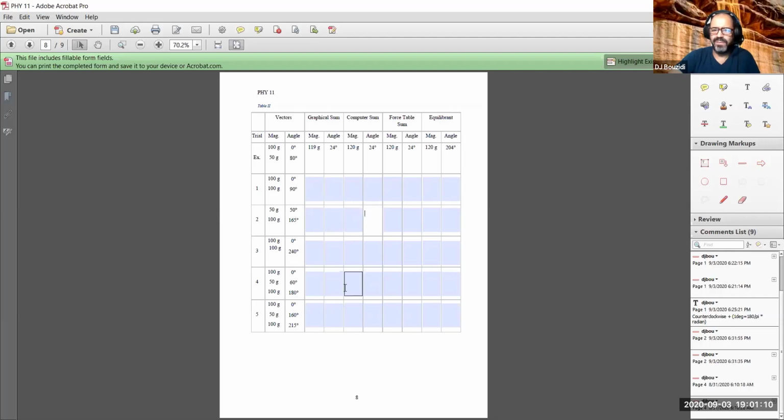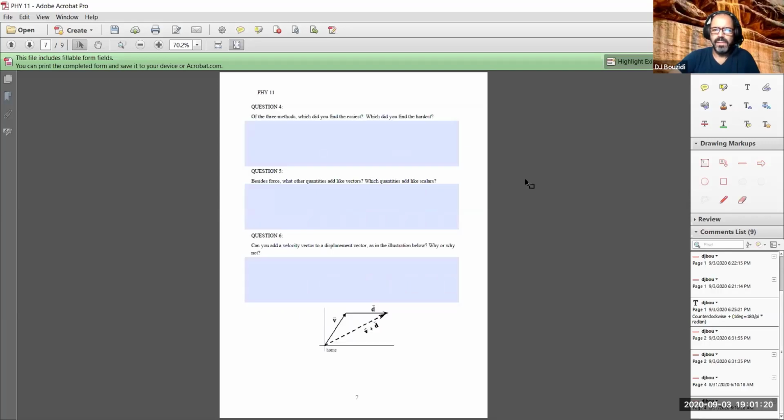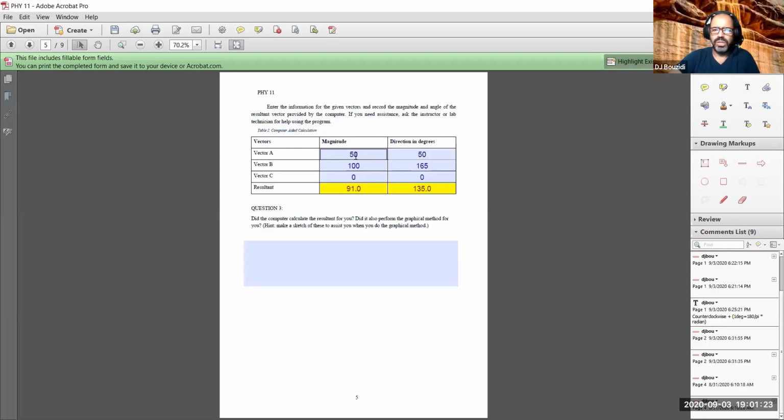Let me take the one I told you where to expect the results: 100 and 0, 50 and 60, 100 and 180. So this would be 100 and 0. So I'm going to put 100. This is 0. Notice how the values are changing right away for me.